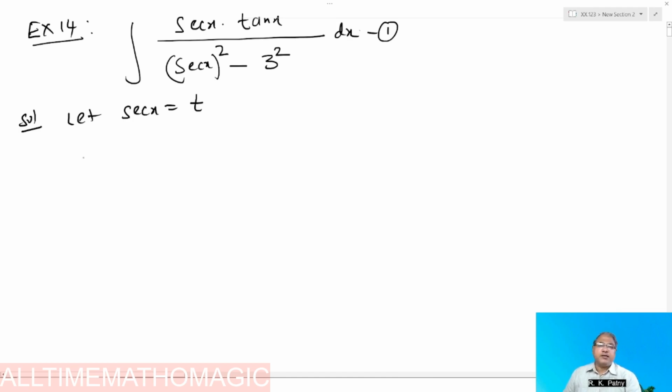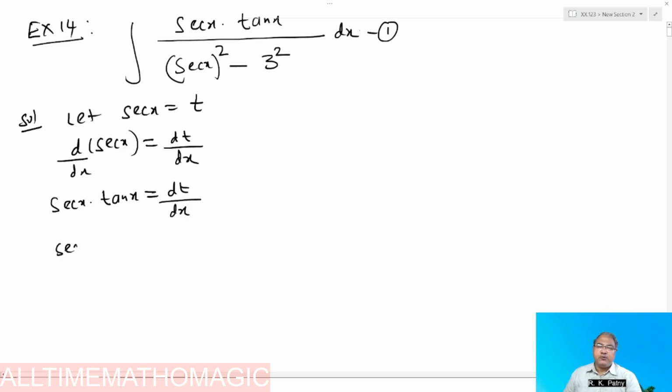Derivative of sec x with respect to x equals dt by dx. So the derivative of sec x is nothing but sec x into tan x equals dt by dx. Therefore sec x into tan x dx equals dt. So this was 2 and this was 3.